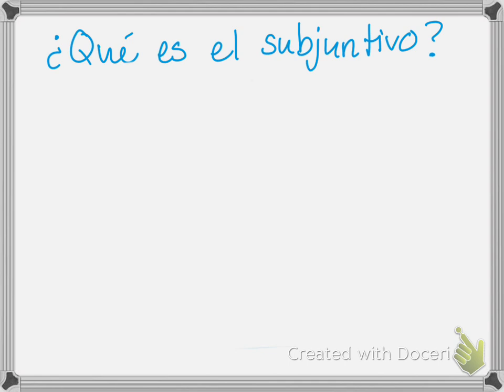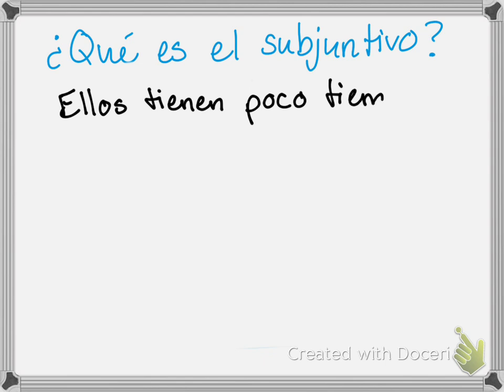So for example, I might say, ellos tienen poco tiempo, which is a way to say they don't have a lot of time. Ellos tienen poco tiempo. They have little time. So tienen right here is my verb. But if you know anything about this verb tener, you know it's very irregular in all of its conjugations. So it's probably no surprise that it's slightly irregular then in the subjunctive. So I might say no creo, expressing doubt here.